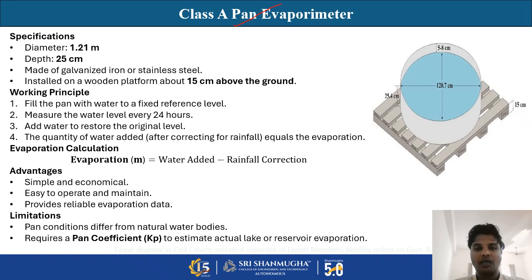The diameter is given in centimeters in the picture, and in meters it should be 1.21 meter. Then depth should be 25 centimeter. It should be made of galvanized iron or stainless steel.